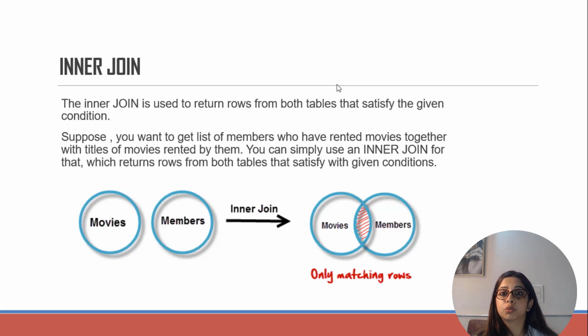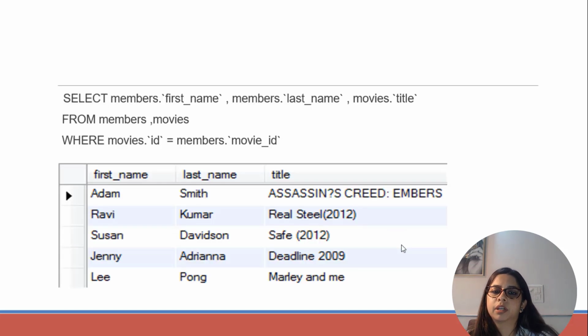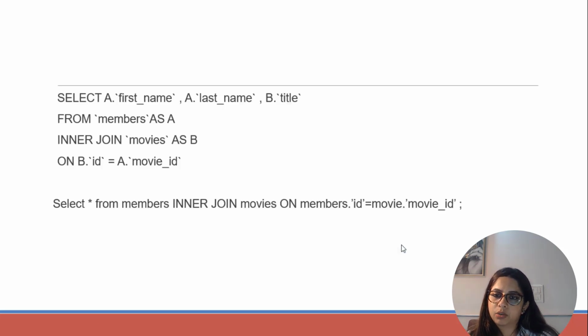Only the common rows will be printed in the result set in case of inner join. If there are two tables, movie and members, and we do an inner join, only the overlapped part of the Venn diagram will be presented as the result. This example we'll see in our own tables.